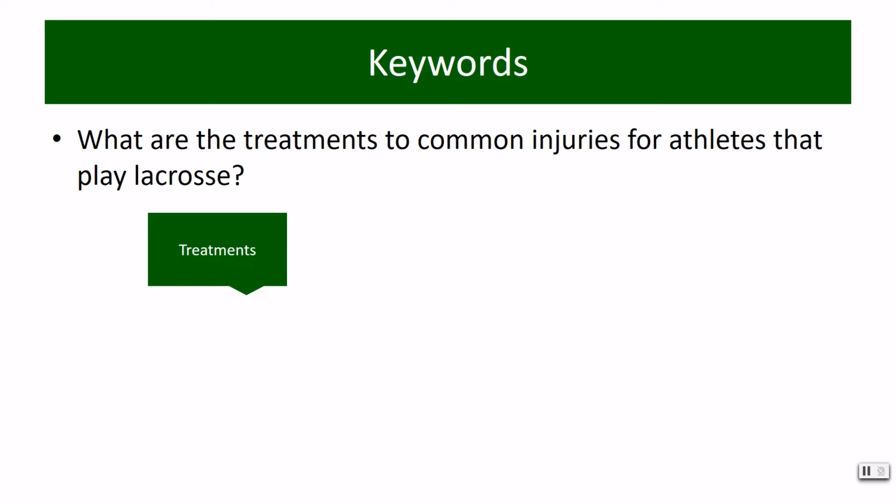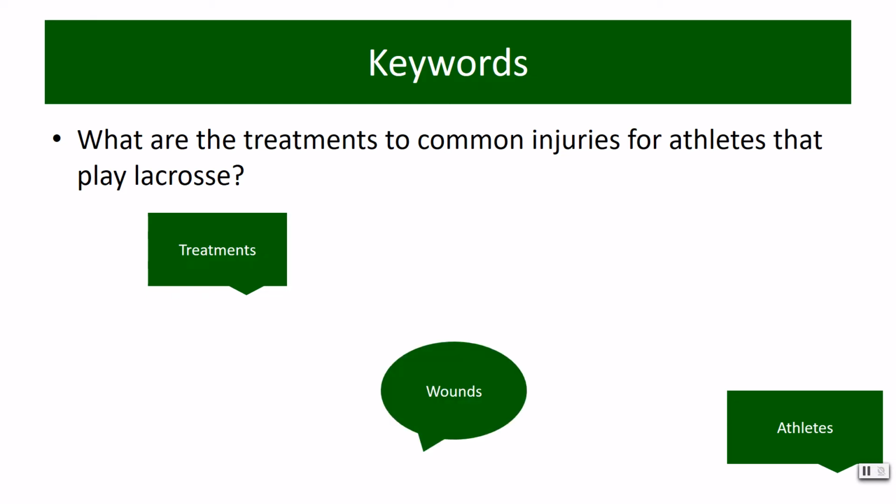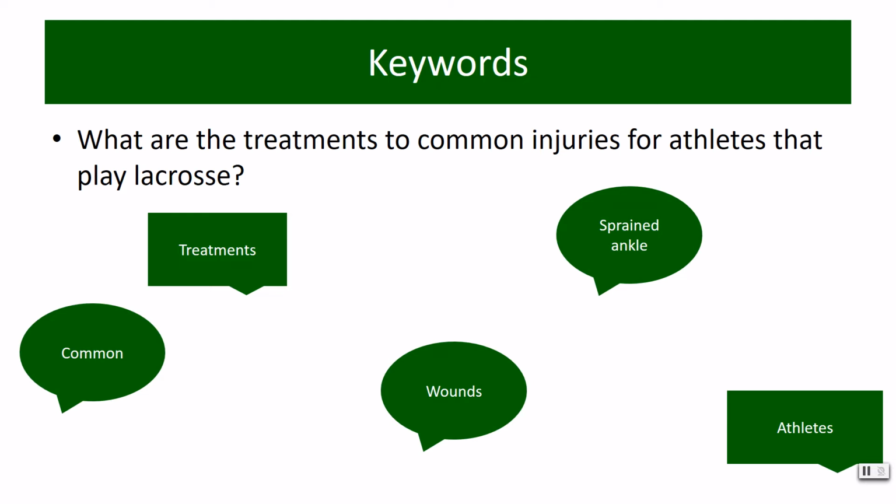Treatments, that's in my question, that works. Athletes, that's also in my question, that could work. Wounds. Wounds is a similar term to injuries. Sprained ankle is a type of injury. Common. Common is in my question and relevant because we don't want any and all injury. We want the common injuries.